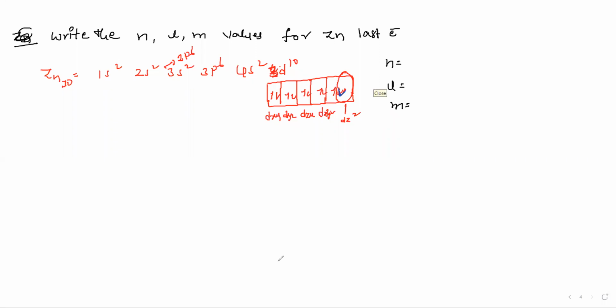L is equal to 2. What about the M value? Somewhere they are wrong. Magnetic quantum number values are important. M is equal to -2.